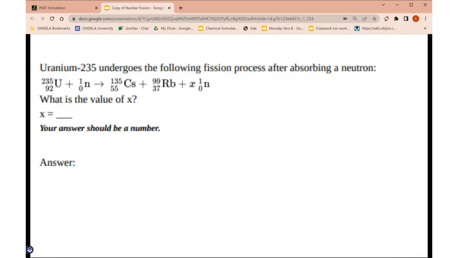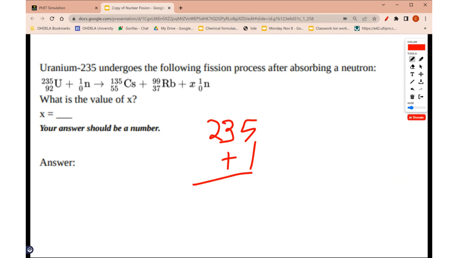All right, so let's try this one again. This is a different one. We have uranium-235 plus 1, which gives us 236. That's what I've added, the atomic masses on the top, 235 and 1, so 236.